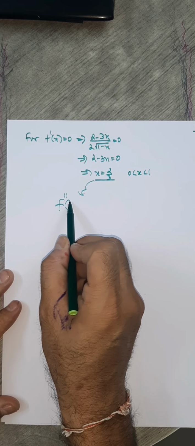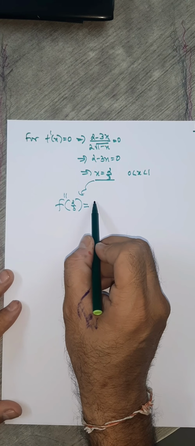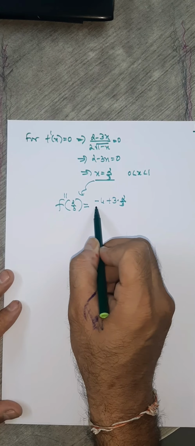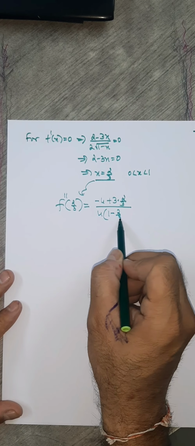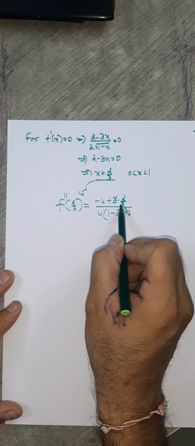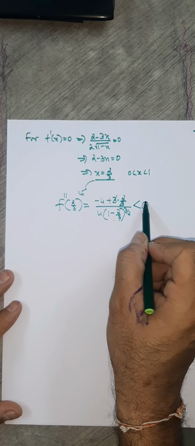Now we put this in the double derivative, f double dash at 2 by 3. What is f double dash? You know, minus 4 plus 3 into 2 by 3 upon 4 into 1 minus 2 by 3 raised to 3 by 2. This is positive, 3 will get cancelled. But this expression minus 4 plus 2 is negative.